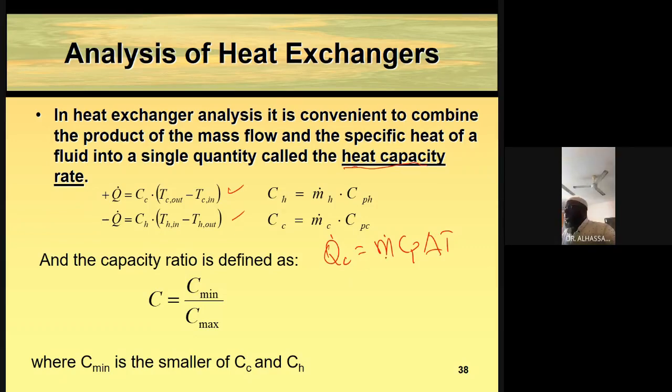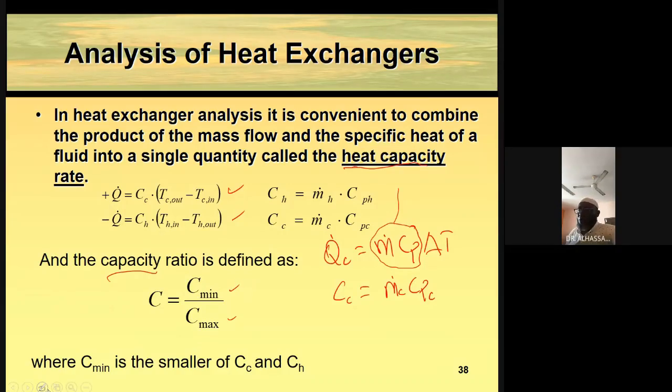Now let's say we want to represent this by a unique parameter. We name it heat capacity rate, and it can be defined as Cc equals the mass flow rate of the cold fluid times the specific heat capacity of the cold fluid. Now another term, the capacity ratio. Capacity ratio is the ratio of the minimum heat capacity divided by the maximum heat capacity.